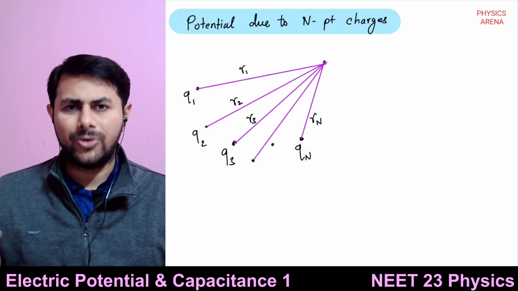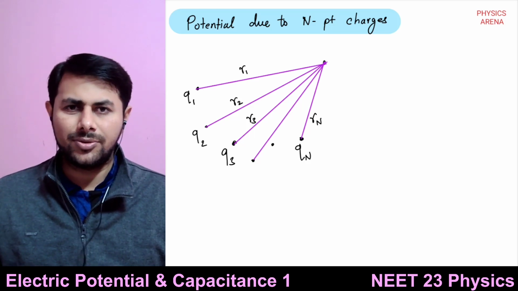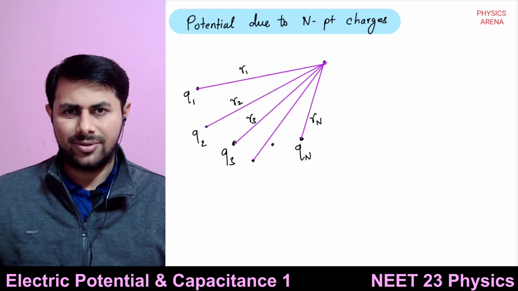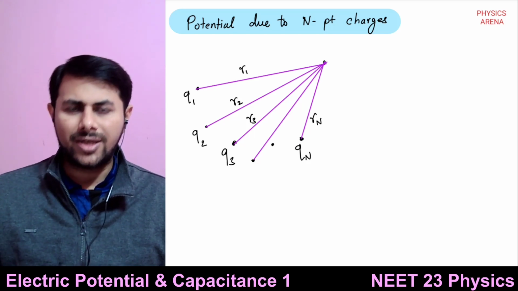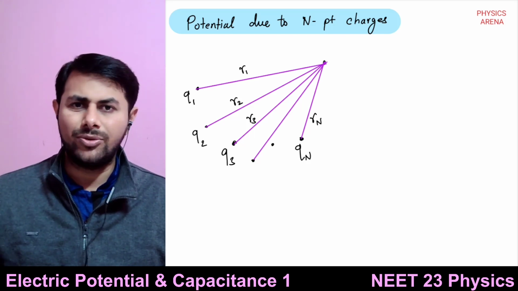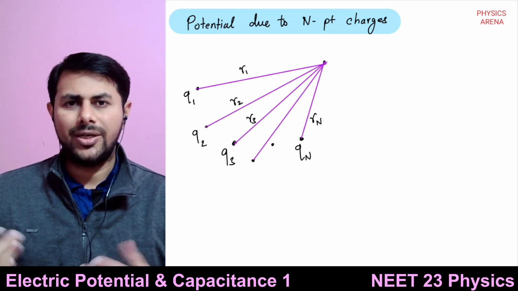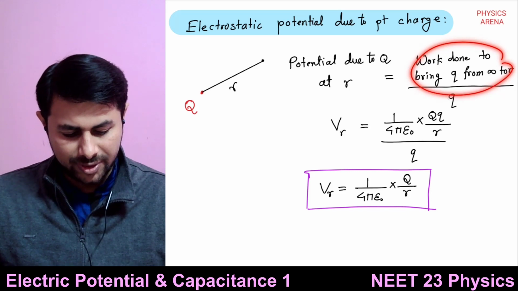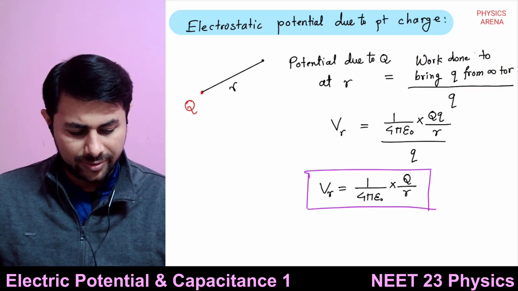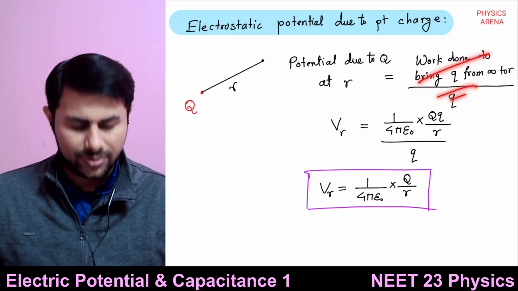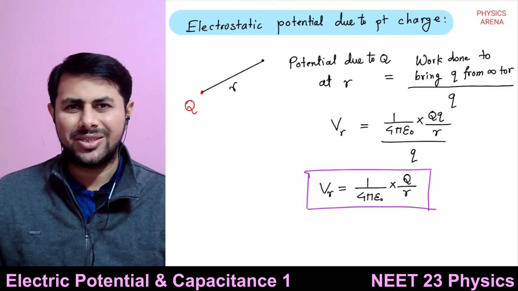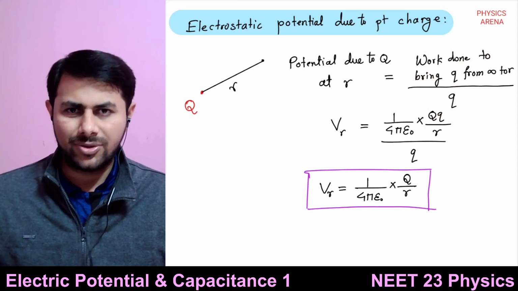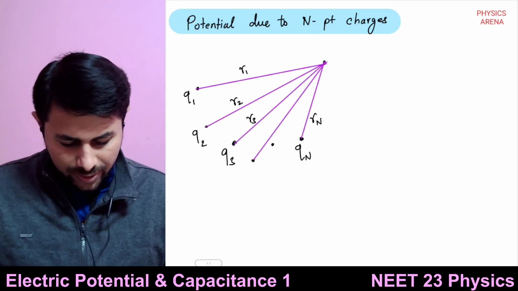Because how do we define the potential due to a charge? It is work done per unit charge to bring that charge from infinity to a point. So work is a scalar, charge is a scalar quantity, right? So scalar divided by scalar will give us a scalar only. So potential is a scalar quantity. It's not a vector.